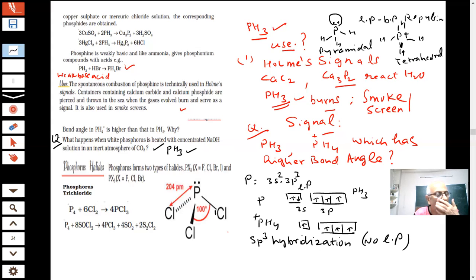Let us see the halides of phosphorus. There are two halides: one is PX3, the other is PX5. If phosphorus reacts with chlorine, you get PCl3. Thionyl chloride can also be used to get PCl3. What is the structure of PCl3? What is the hybridization in PCl3?